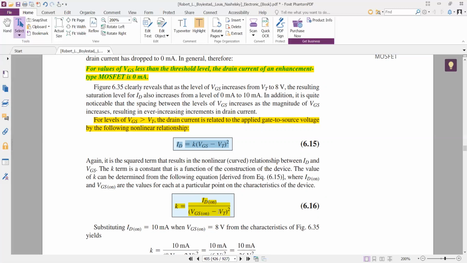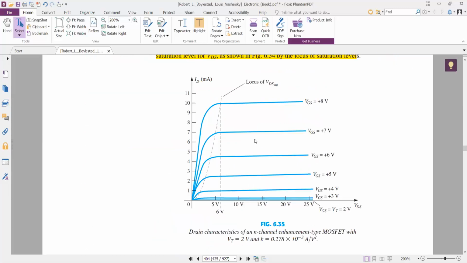where ID on and VGS on are the values for each at a particular point on the characteristics of the device. At any point on the characteristics, let's say we choose this point at this characteristic for VGS equal to 7 volt.